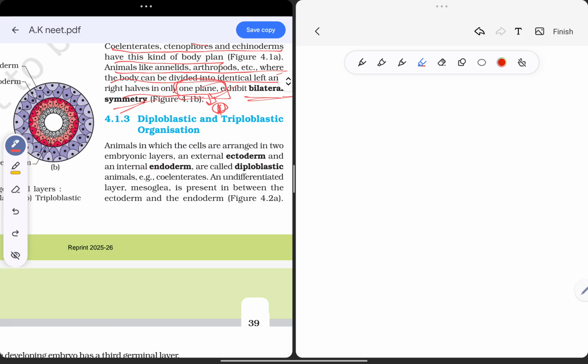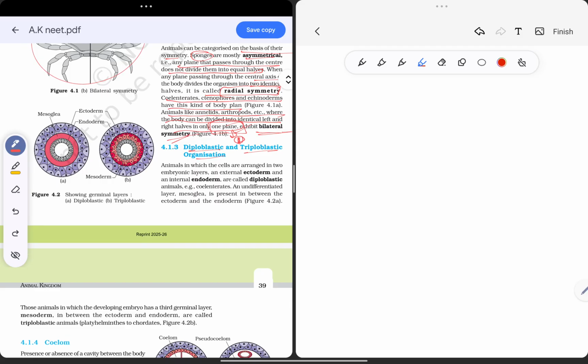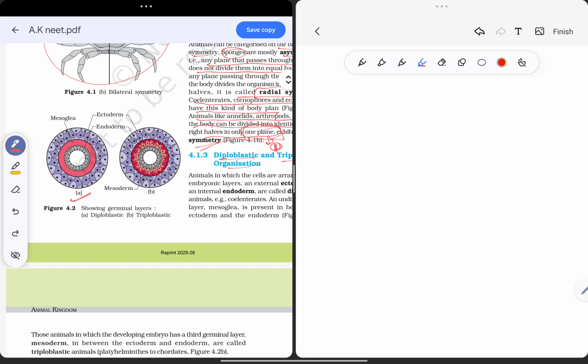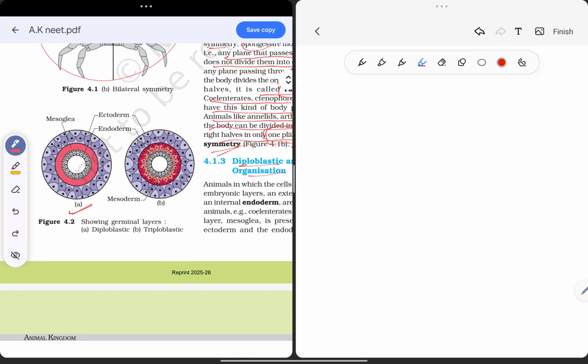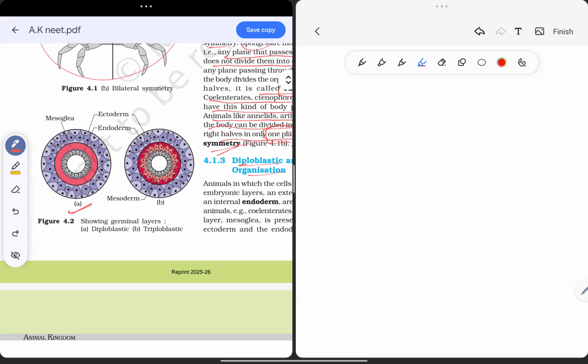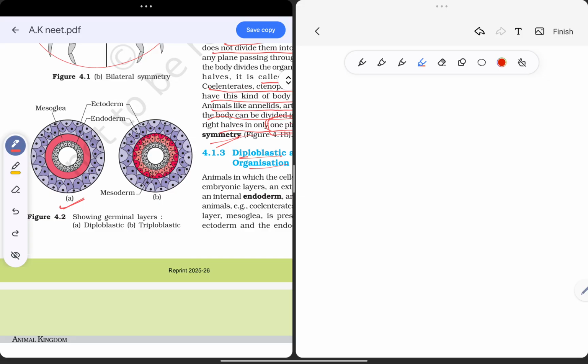The next one, diploblastic and triploblastic organization. The first image indicates the diploblastic, meaning it has only two layers, endoderm and ectoderm. Endoderm is the inner layer, ectoderm is the outer layer. Mesoglea is just a filled part between the endoderm and ectoderm.